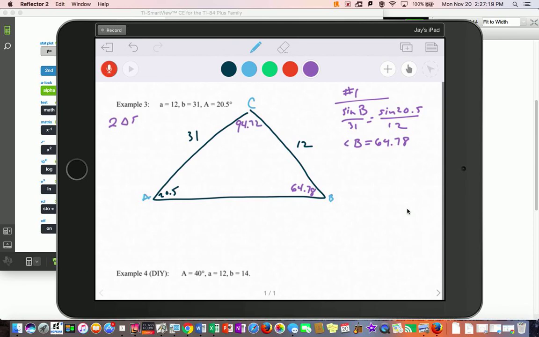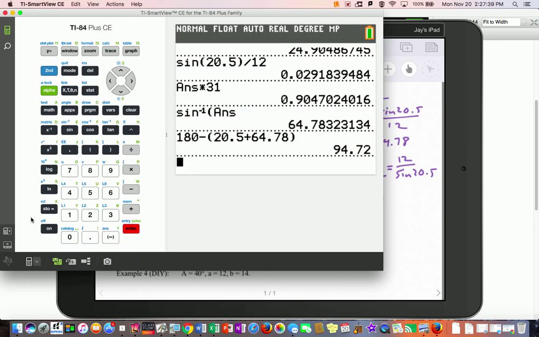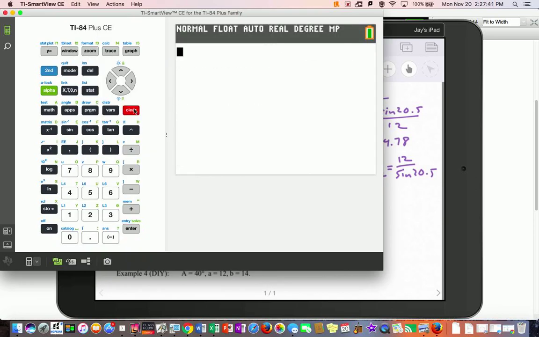And so now I can find little c over the sine of 94.72 is equal to 12 over sine of 20.5 again. So I'll run back to the calculator, clear that out so we can see it.